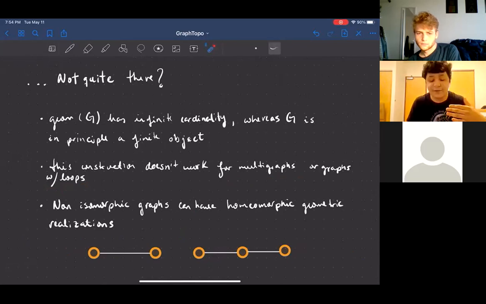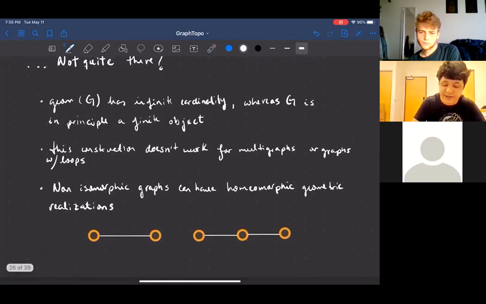And one of the problems which some mathematicians consider to be the biggest problem was that if you have non-isomorphic graphs, this can translate into homeomorphic geometric realizations. So for example, if you have a graph with 2 vertices, then the geometric realization of this graph is just this line segment in the plane.